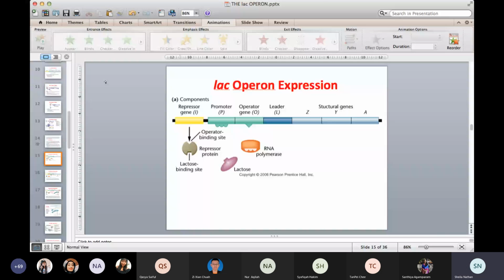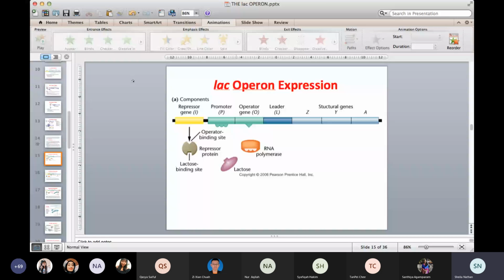The repressor now cannot bind to the operator, so RNA polymerase can keep binding to the promoter and keep switching on Z, Y, and A at very high expression levels to quickly produce beta-galactosidase, which will hydrolyze the lactose to produce galactose and glucose.